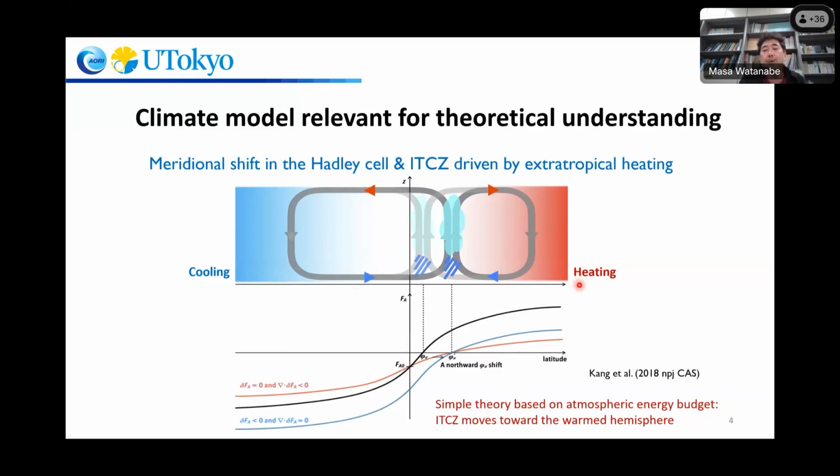In the schematic, you're seeing the heating in one hemisphere and the cooling in the other hemisphere, and your Hadley cell is supposed to shift to transport enthalpy and potential energy toward the cooling hemisphere, which automatically accompanies the moisture transport in the opposite direction and shifts the ITCZ toward the warm hemisphere. And again, the climate model experiments were critical to verify this theoretical argument.